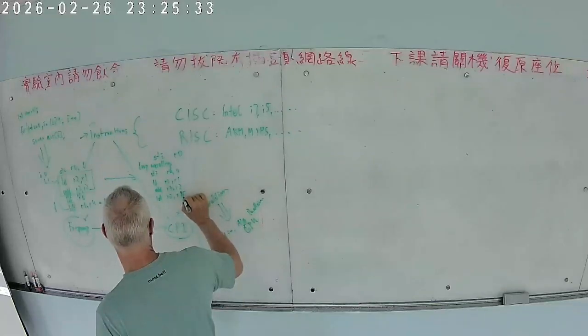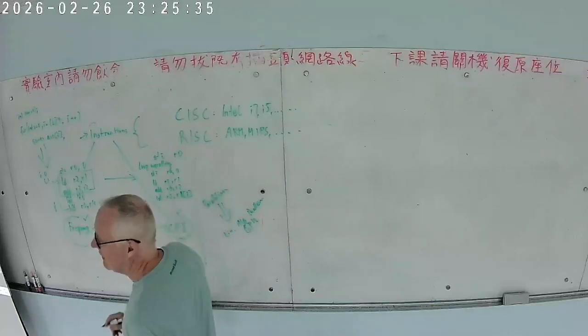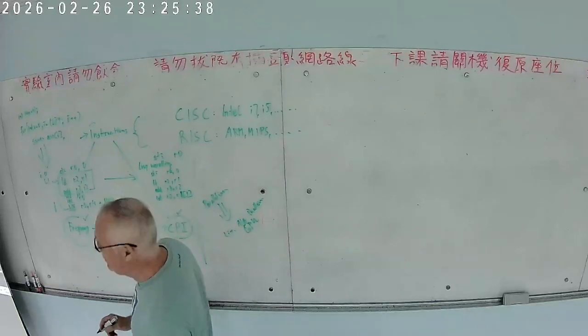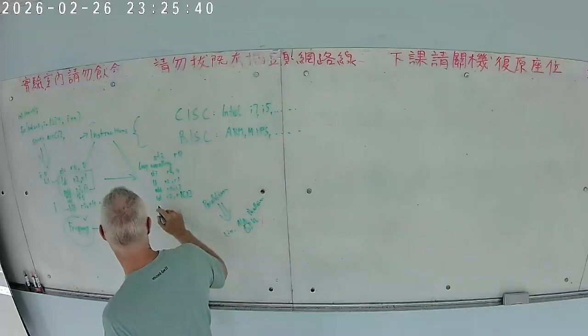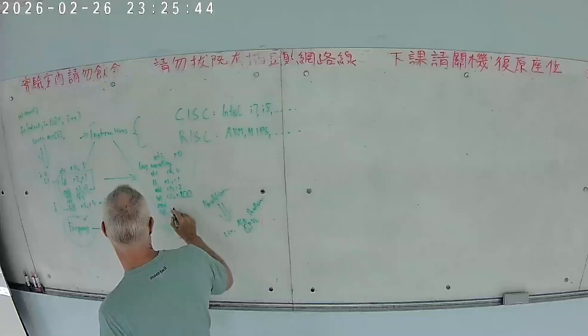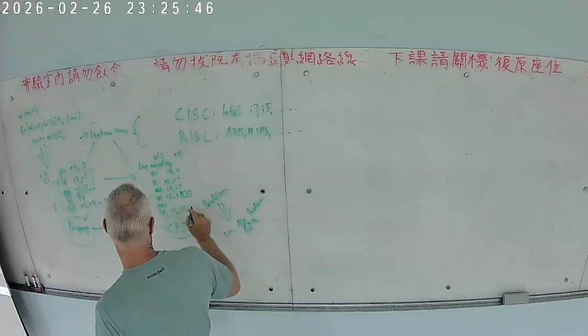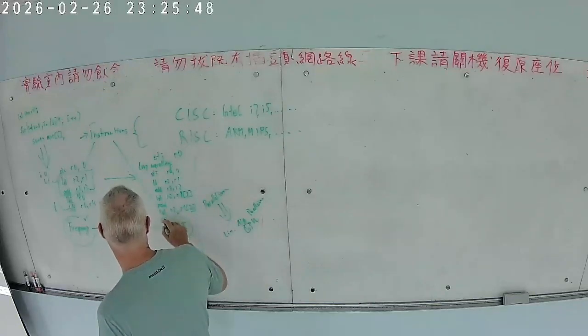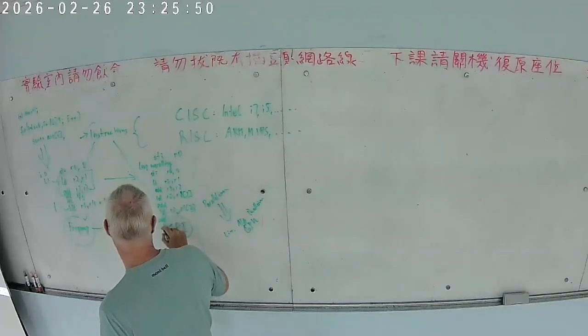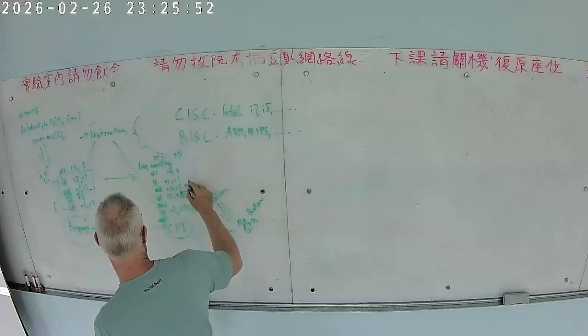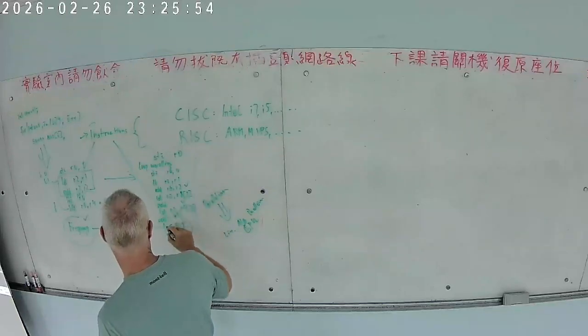So we have a displacement to our R1 register. We load, add R2, then we load R2, R1, add R2, and then we do add 1, add 2, add 3, add 4.